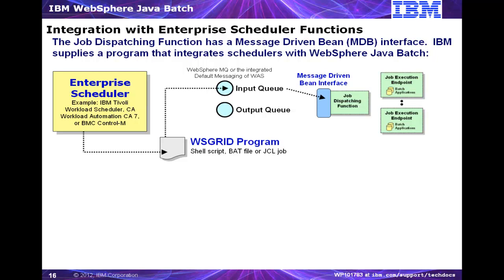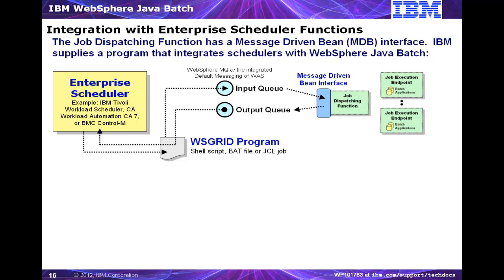Here's how it works. The enterprise scheduler invokes WS-Grid and passes in a few parameters related to the job to be dispatched into WebSphere Java Batch. WS-Grid puts the job submission message on the input queue, and the MDB interface of WebSphere Java Batch picks it up and begins the dispatching process. At this point, everything inside of WebSphere Java Batch is exactly as we described earlier.